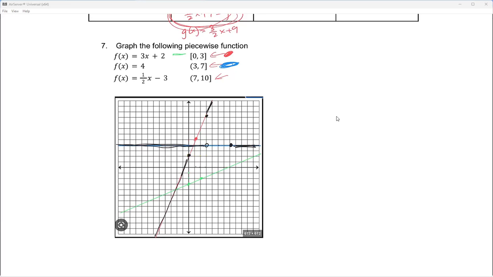So 1, 2, 3, 4, 5, 6, 7 right here, open circle. 8, 9, 10, closed circle. I can erase the rest.